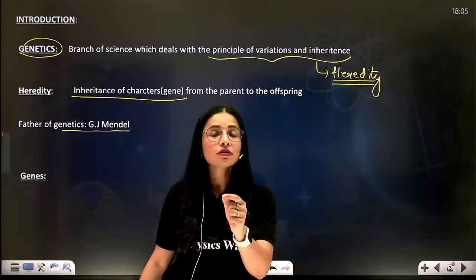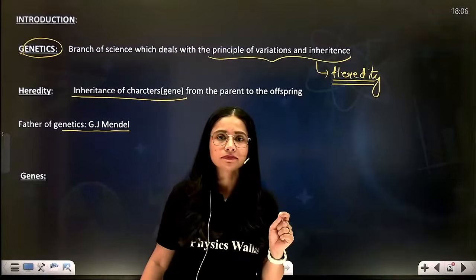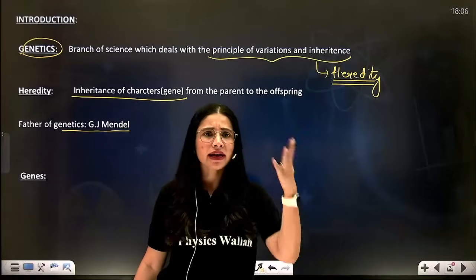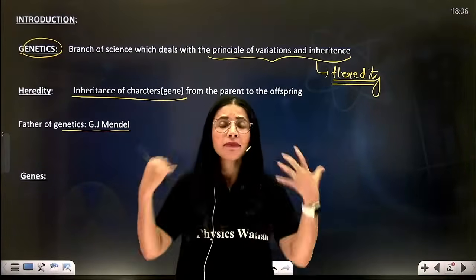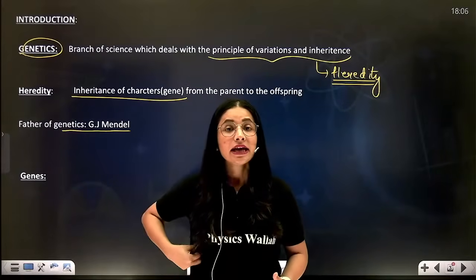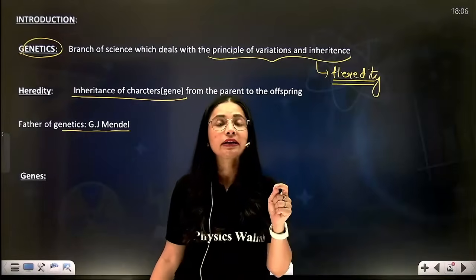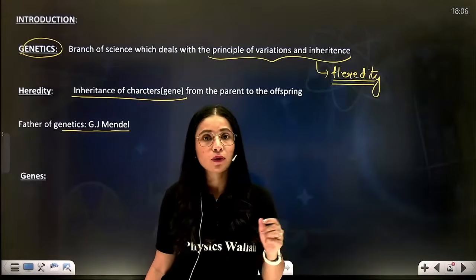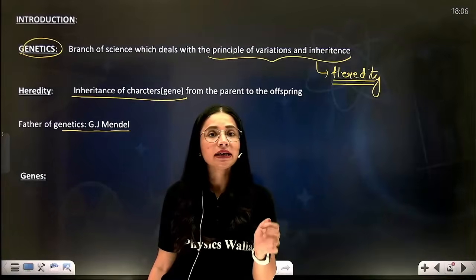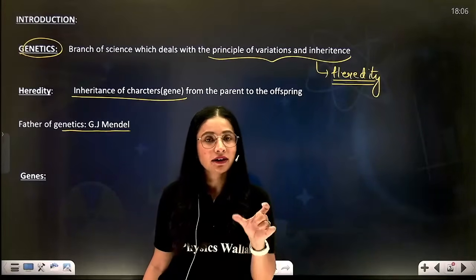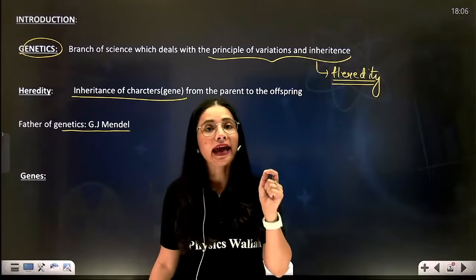These are responsible for controlling the expression of every character. Suppose I have brown eyes, black hair, I am tall or short, whatever characters my body is showing, it is all because of the genes. So genes are the regulatory aspect of the chromosome which controls the character. Chemically, genes are made up of DNA, right? Genes can also be called the unit of heredity.